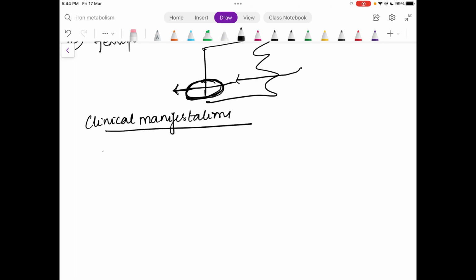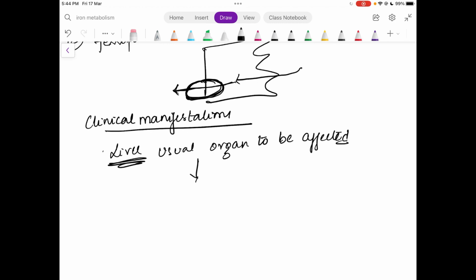The first organ to be affected is the liver. Most commonly, the liver is the usual organ to be affected. What will happen when the liver is affected? Hepatomegaly will occur because iron will be deposited inside the liver and it causes hepatomegaly.